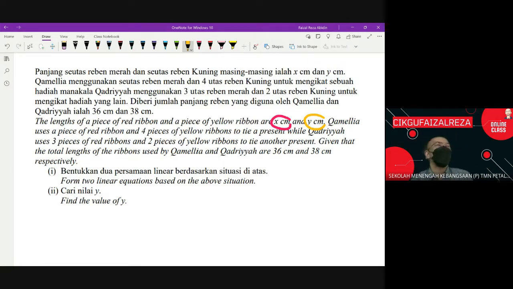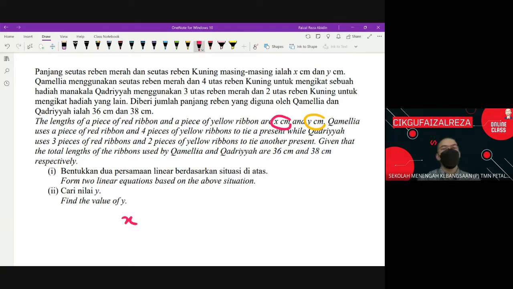Okay, so for Camellia, red ribbon, how much did she use? A piece means one piece. So if red ribbon is x, I'm going to put 1x or just x.